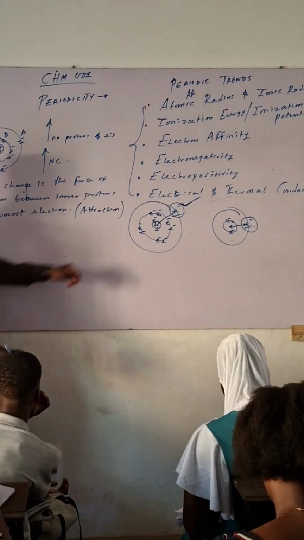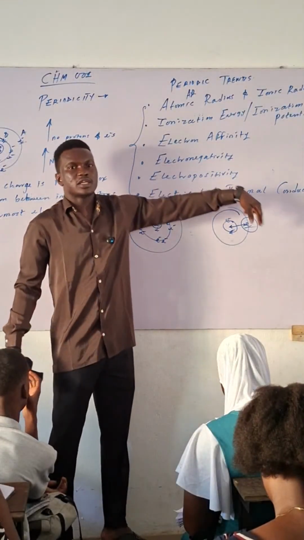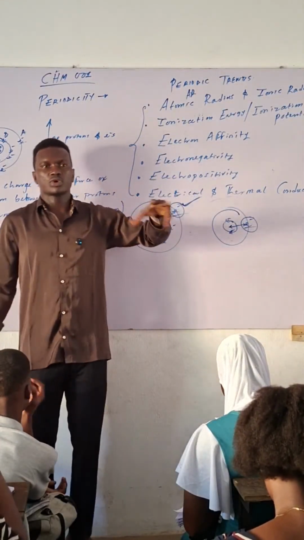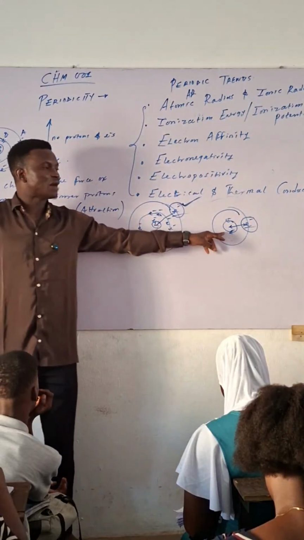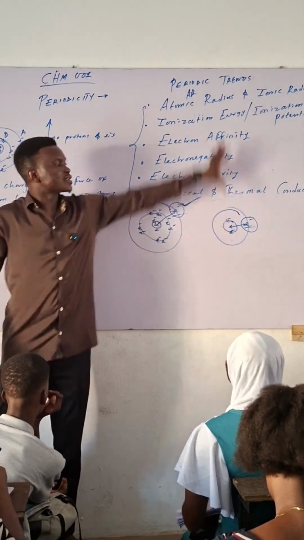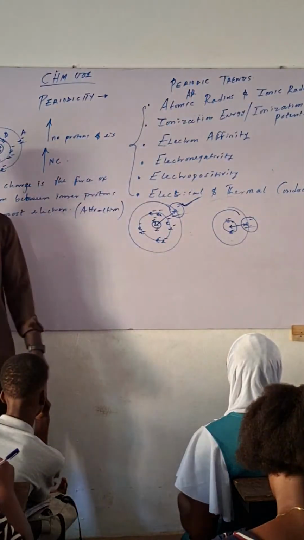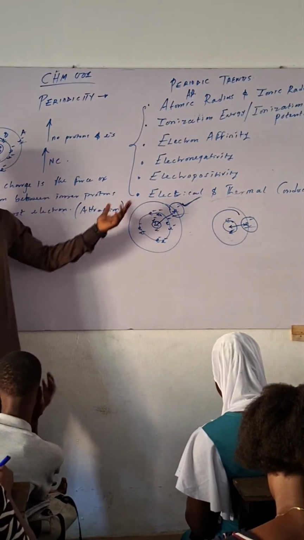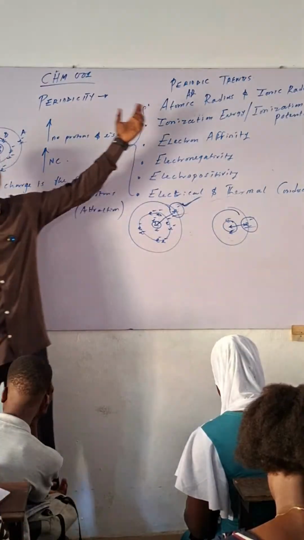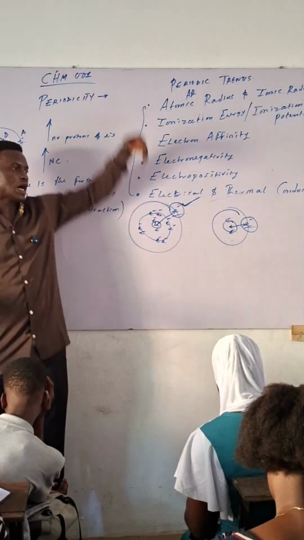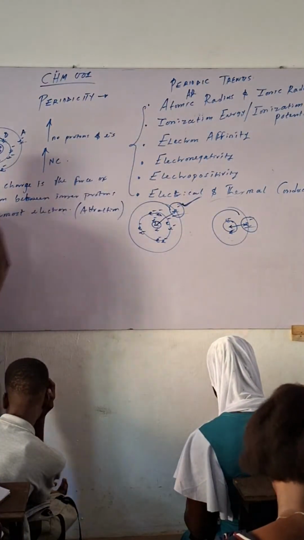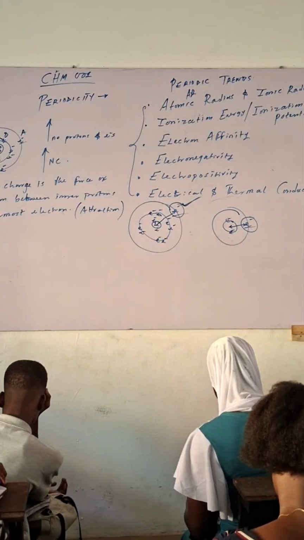So the ones at the center are more stable. All those orbitals of low energy are more stable than the ones of high energy outside. And from what we did on Saturday, I told you that energy keeps increasing from shell to shell outside. Abi? So please, just get the difference.